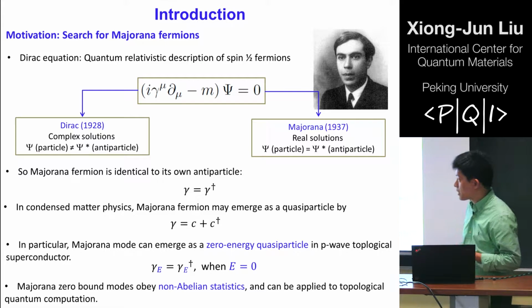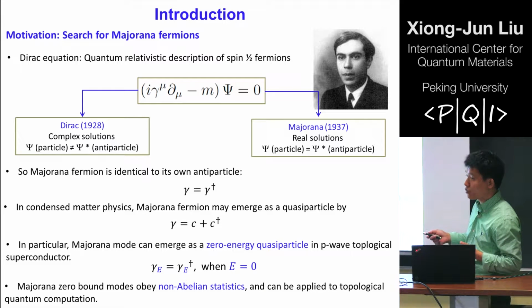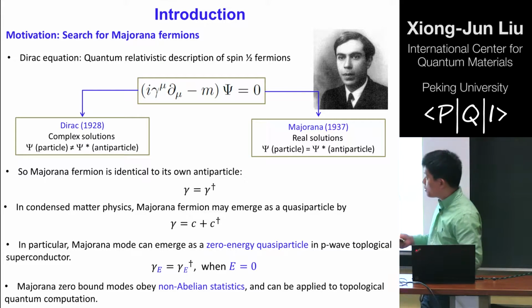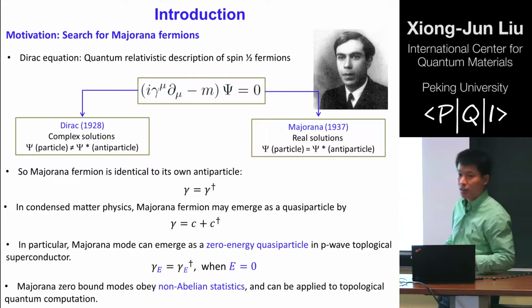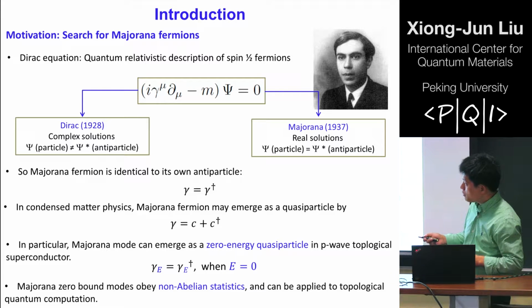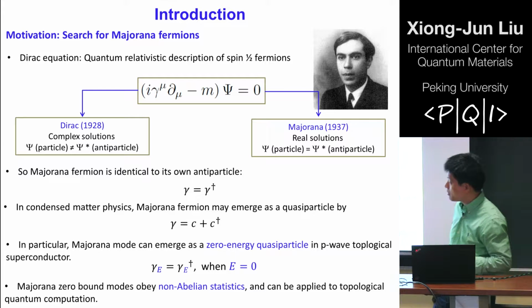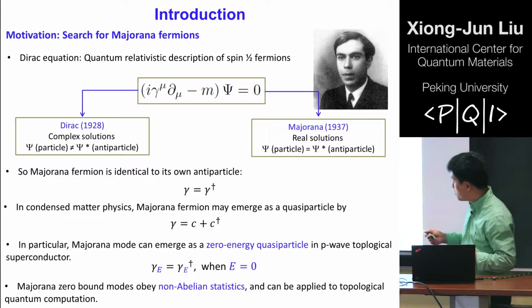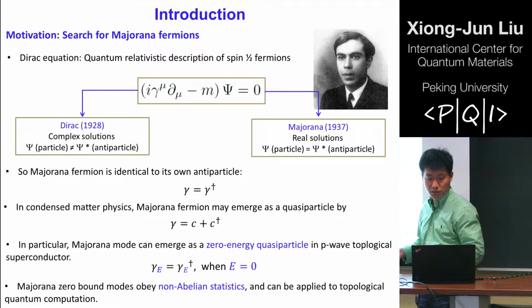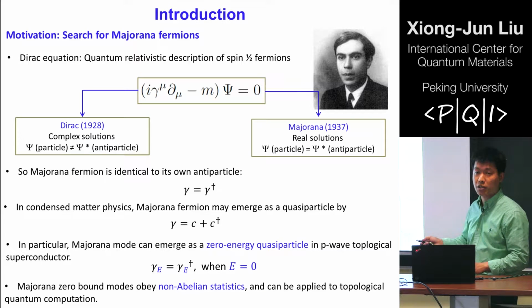If you combine the electron and the hole, you can get a quasi-particle which is a Majorana fermion. So we can think that maybe we can obtain this kind of quasi-particle in superconducting systems. Furthermore, this kind of Majorana mode may emerge as a zero-energy quasi-particle in a pure topological superconductor. In that case, for this kind of pure superconductor, if you have a zero-energy excitation, it should be a Majorana fermion.